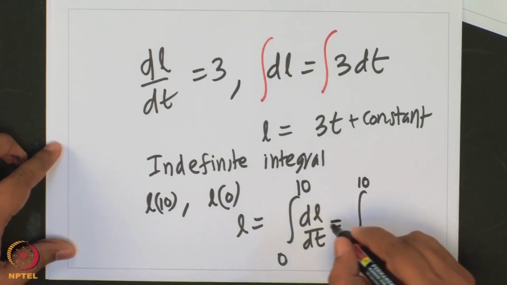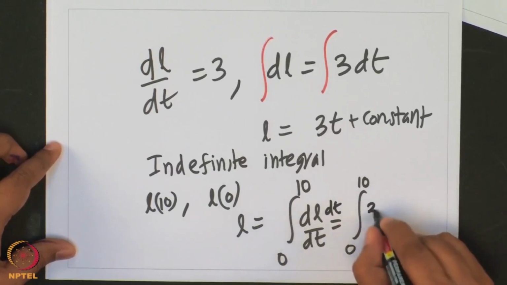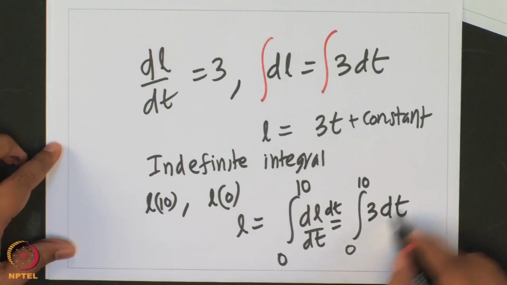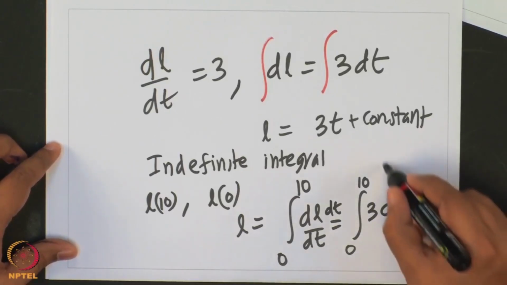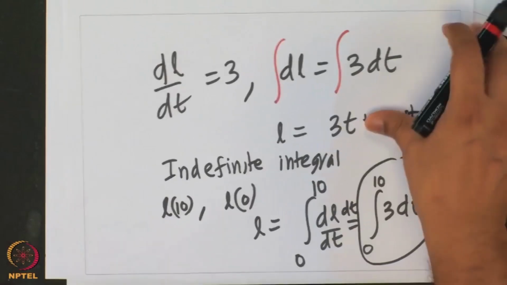So you can write dl by dt times dt. So this can be written as integral 0 to 10 3 dt. So how to calculate integral 0 to 10 3 dt? This integral is called a definite integral because it has two limits. This is lower limit, this is upper limit. So how we calculate this integral is an important point that one should remember.